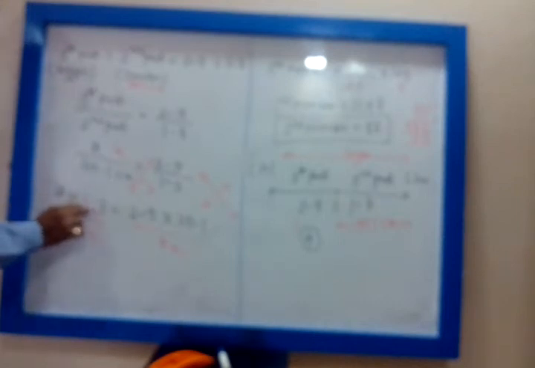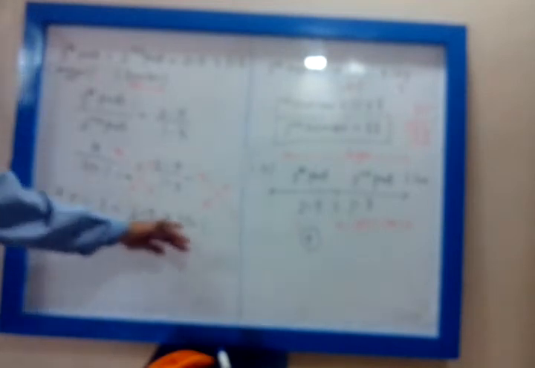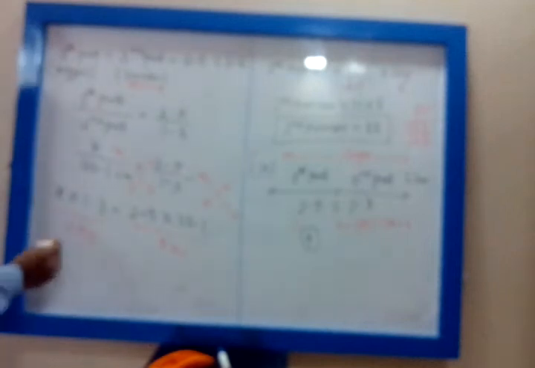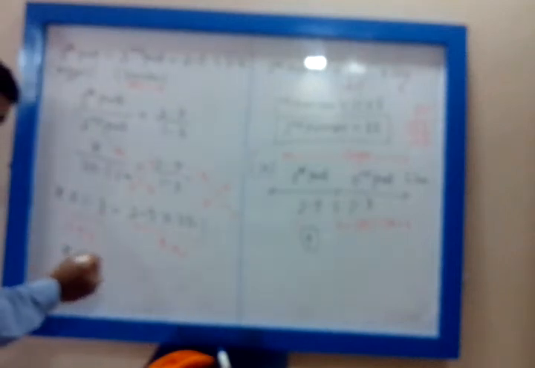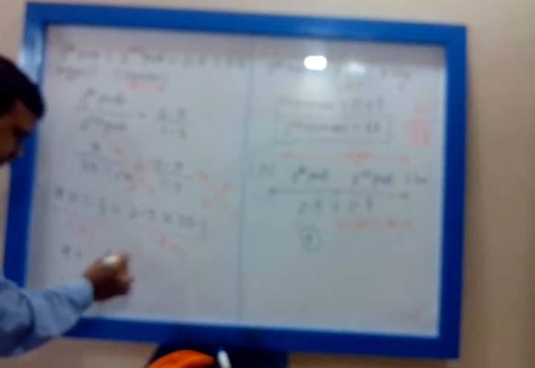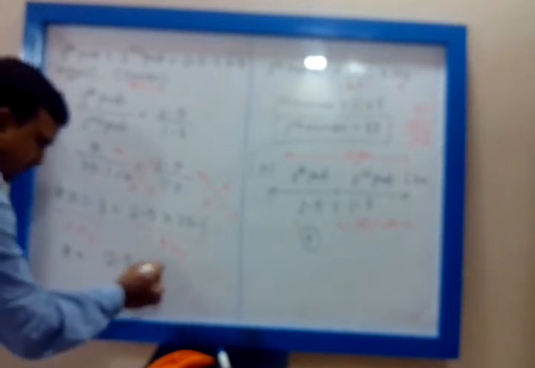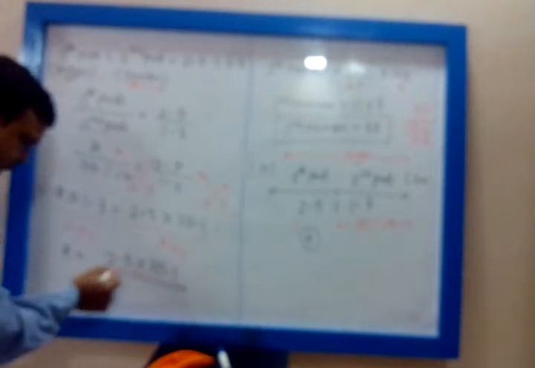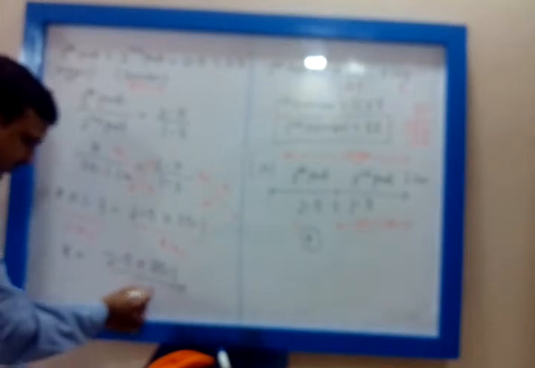So this number I have to take on the other side. But this is in multiplication on the left hand side, so this will go in division. So you will get x is equal to 2.5 into 35.1 divided by 1.3. Chalo, multiply.